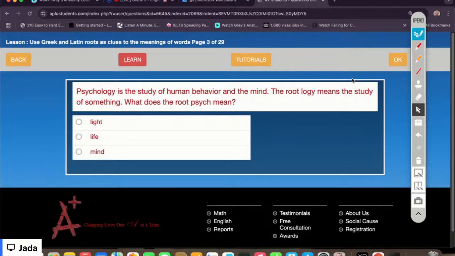So psychology is a study of human behavior and the mind. The root logy means the study of something. So what does the root psych mean?